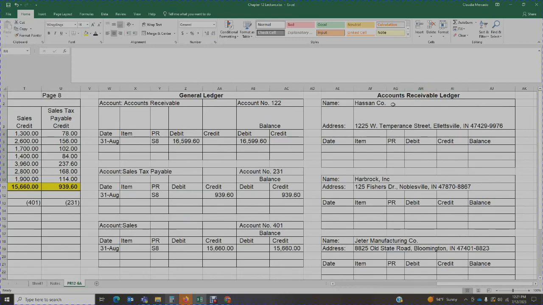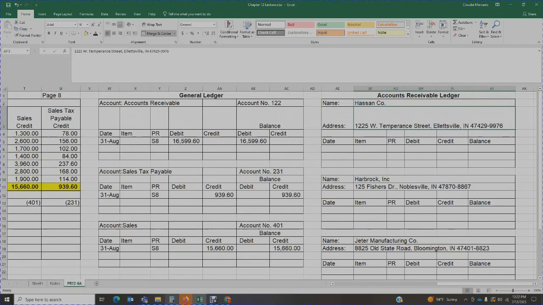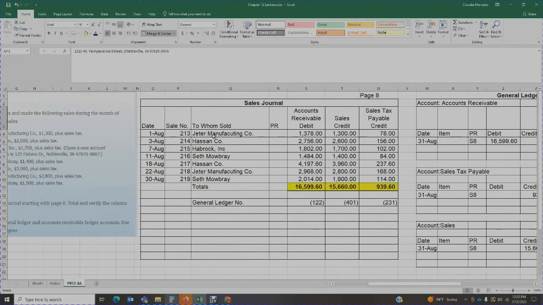We have them in alphabetical order. We've got the name of the customer and the address for each. So we've got Hassan, Harbrock, Jeter, and Seth. Now we're going to enter the information, and I'm going to go in order based on what we have here on our sales journal.